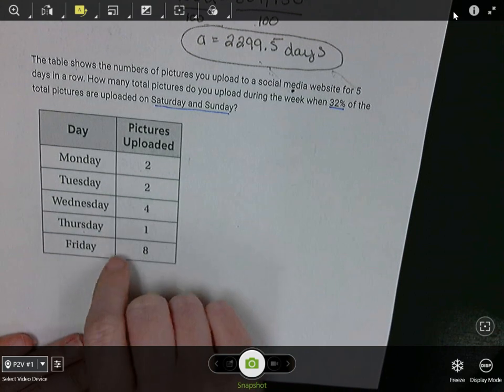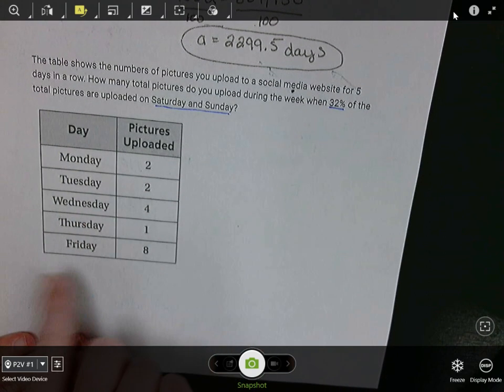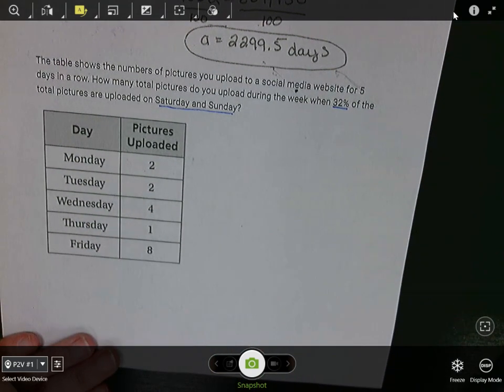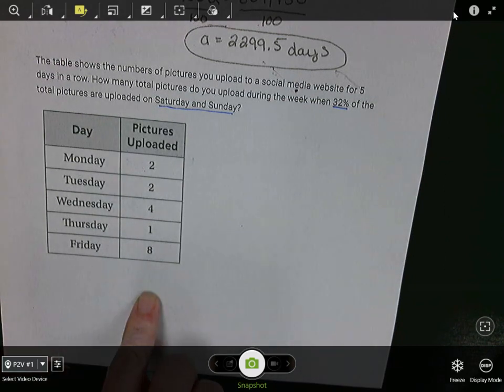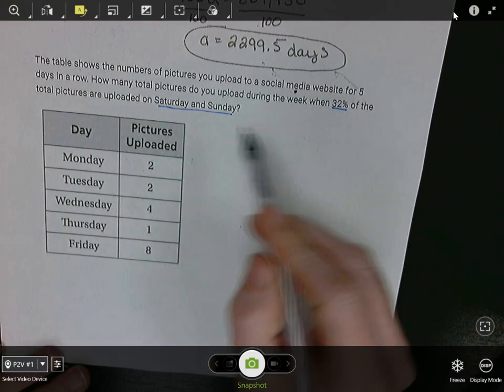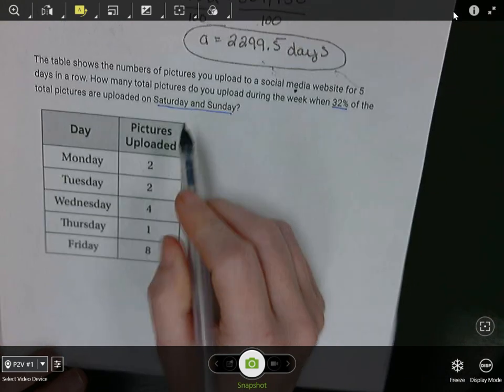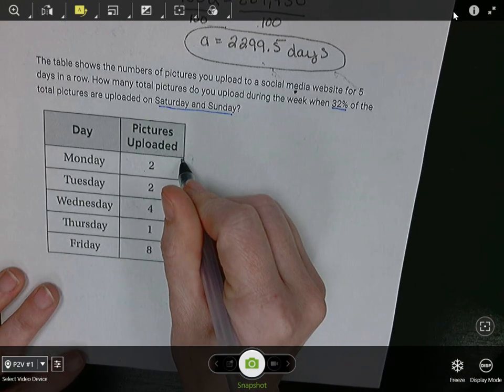I don't know how many pictures were uploaded on Saturday and Sunday.